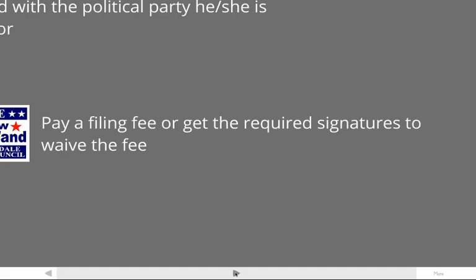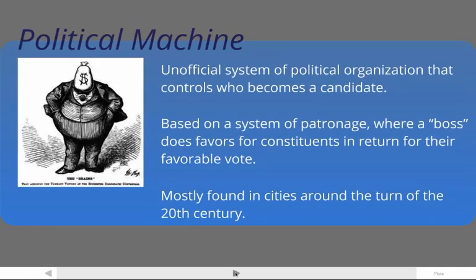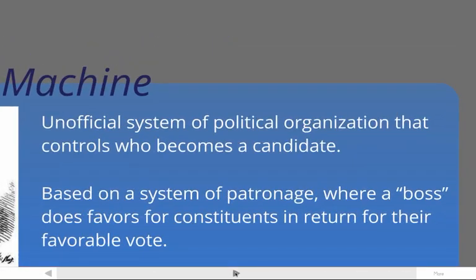Now, in some places, it's not just as simple as meeting the qualifications. In some cases, you have to be part of what's called a political machine. Fortunately for us, political machines have mostly died out in the United States, although there are some pockets of them here and there. Essentially, a political machine is an unofficial system and an organization that controls who the candidates are for office.